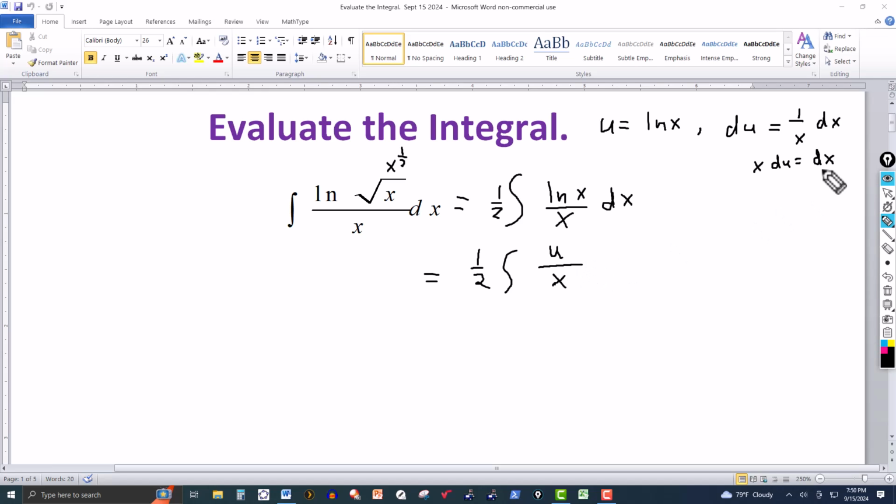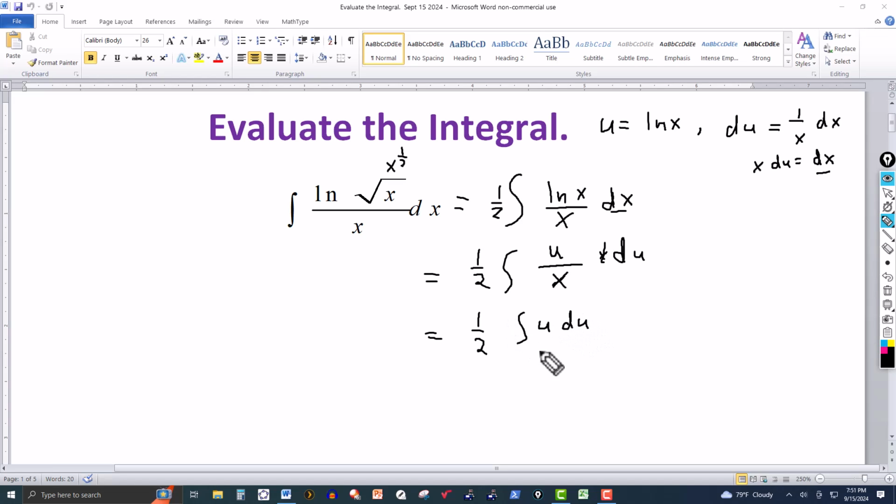But notice what happens: this dx will be replaced by x du. So this will be times x du. Now this x and this x will cancel. I still have the 1/2 out front, and this will be the integral of u du.